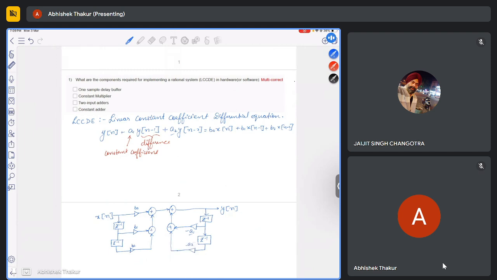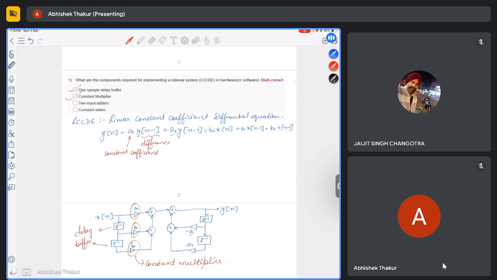Now we will see what components are used here. One sample delay buffer. Yes, we are using the delay buffer, these are all delay buffers, so option A is correct. Second is constant multiplier. Yes, these are all constant multipliers, so option B is also correct.